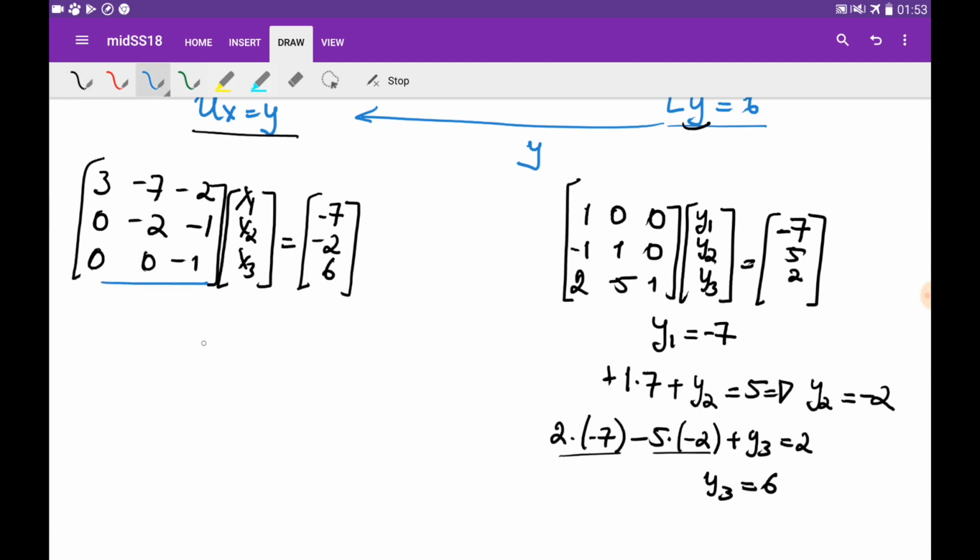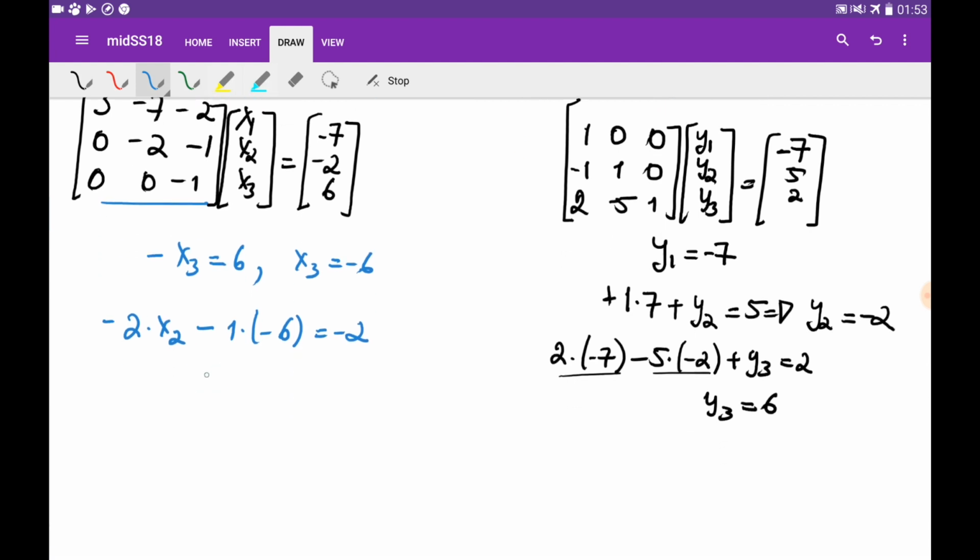The last equation tells us that -x3 is equal to 6, or x3 is equal to -6. We substitute this into the second equation: -2 multiplied by x2, minus 1 multiplied by x3, which is -6, should be equal to -2. From here we obtain that x2 is equal to 4.